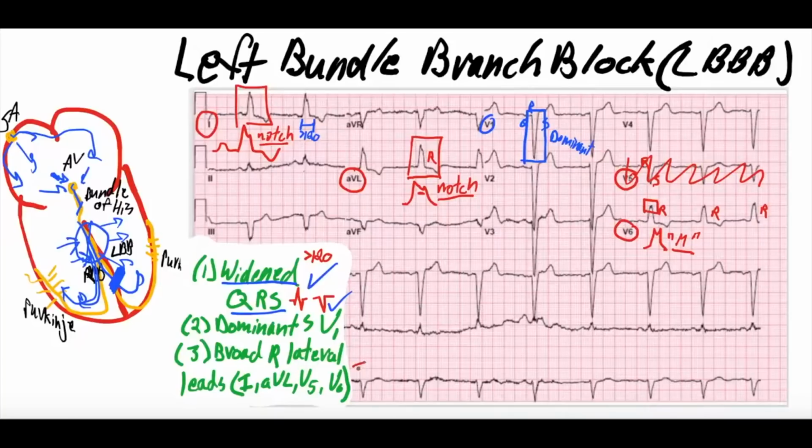I'm going to draw arrows here. So we have come up, we have M notching, or we can have just regular notching, which comes down and goes up just a little bit, or we can just have these big monophasic R waves, again, all widened. And these are all R waves in lateral leads. And that is how you diagnose left bundle branch block on 12-lead EKG.